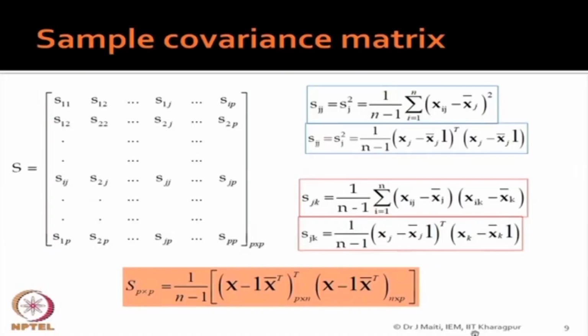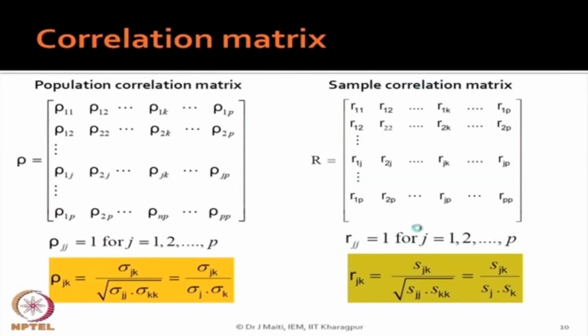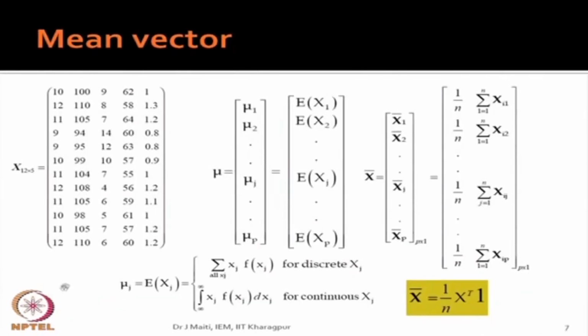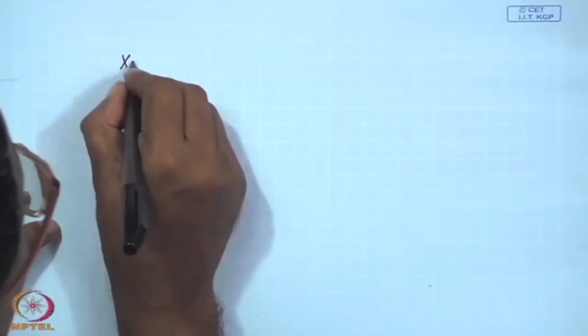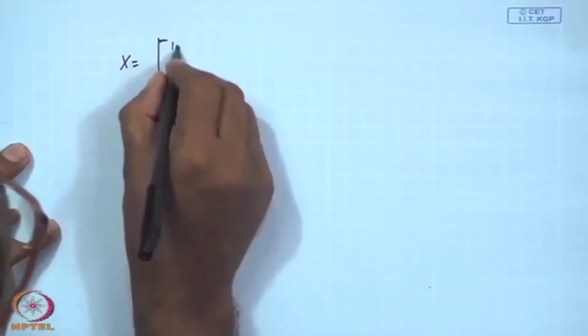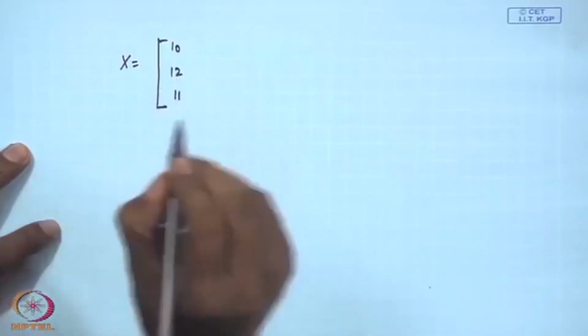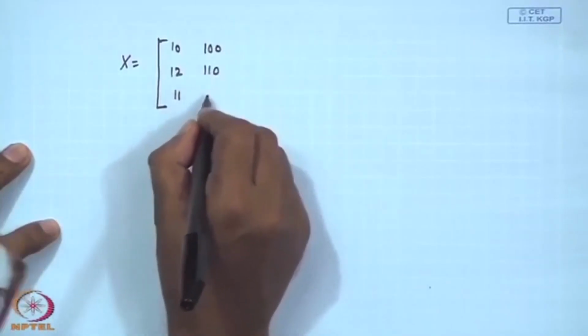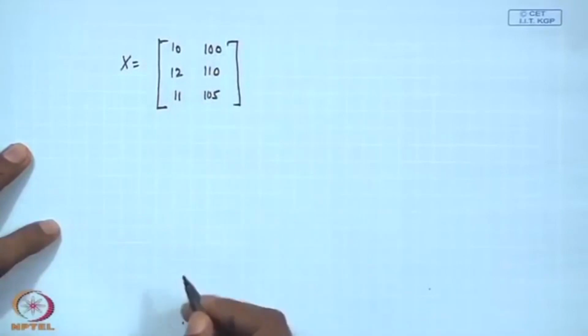Suppose the data matrix X has the first column 10, 12, 11 and the second column 100, 110, 105.